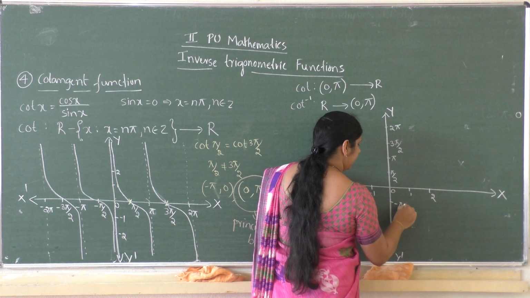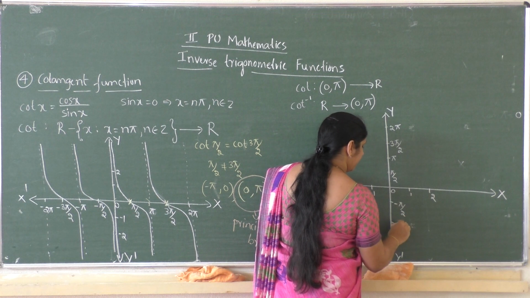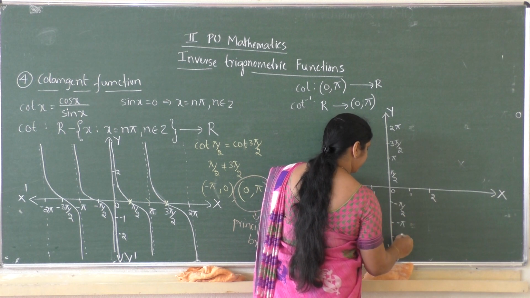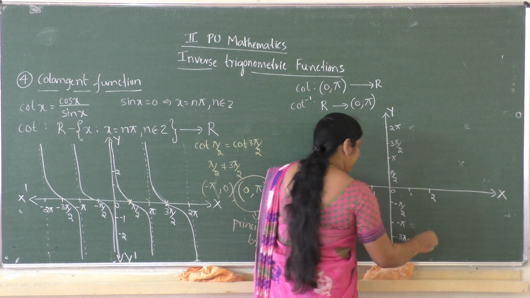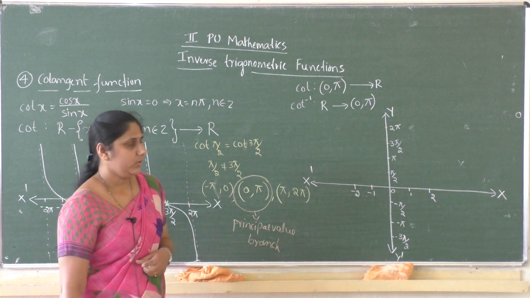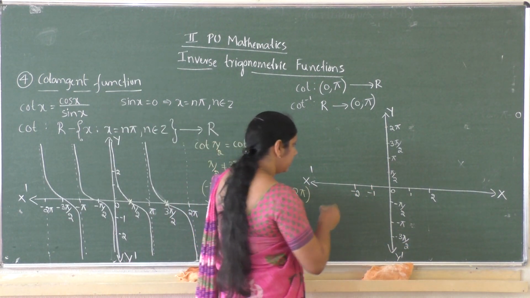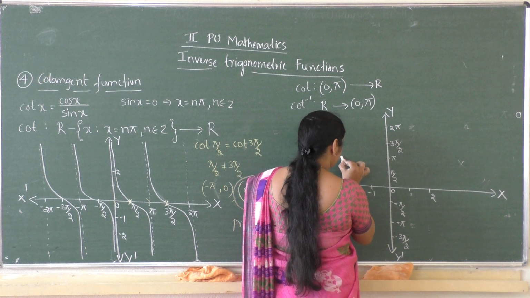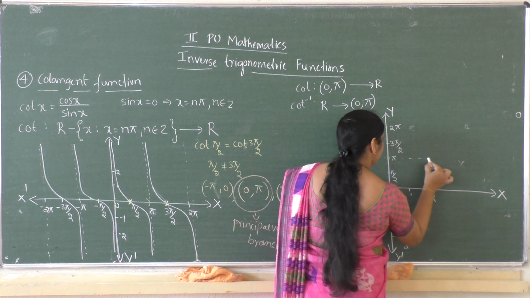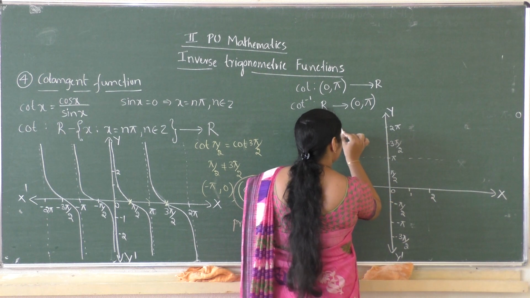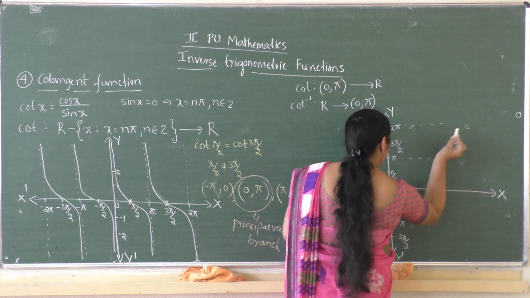Here it is minus pi by 2, minus pi, minus 3 pi by 2 and so on. Now at pi values the value will be infinity, right? So just draw one dotted line.